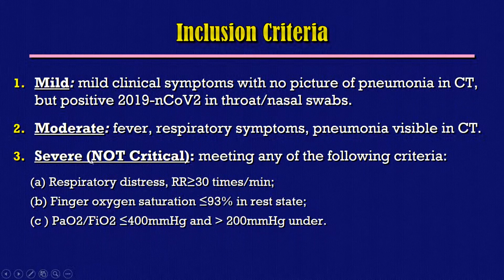Severe but not critical, meeting any of the following criteria: respiratory distress, respiratory rate more than 30 times per minute, finger oxygen saturation below 94% in rest state, PaO2 over the FiO2 below 400 millimeter mercury, but above 200 millimeter mercury in order to judge the patient as capable of treatment in the ward and not necessitating to be included in the ICU.